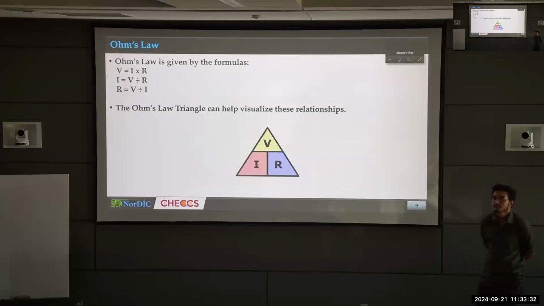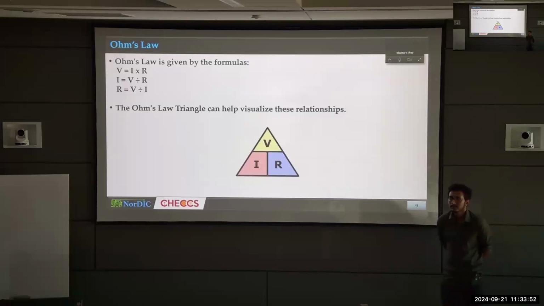Out of respect for this guy who discovered a very important law in electrical engineering, George Ohm, we call it Ohm's law. Even the unit of resistance is ohms, because of this guy who spent years observing that. Then he said, okay, this is for this material, let me try another material.